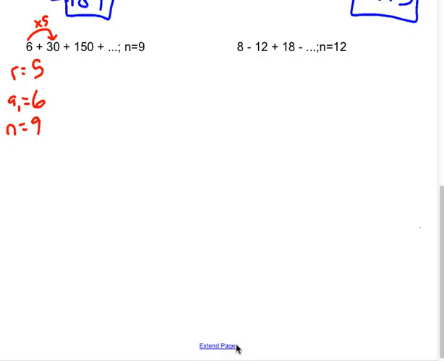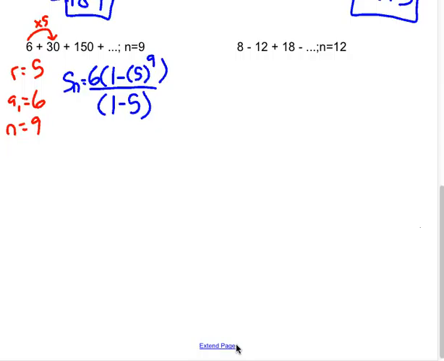Remember, in geometric series, I don't actually need to know the last term of the series when I go to do this. So let's plug it all in. So the first term, 1 minus the rate to the nth power all over 1 minus the rate.